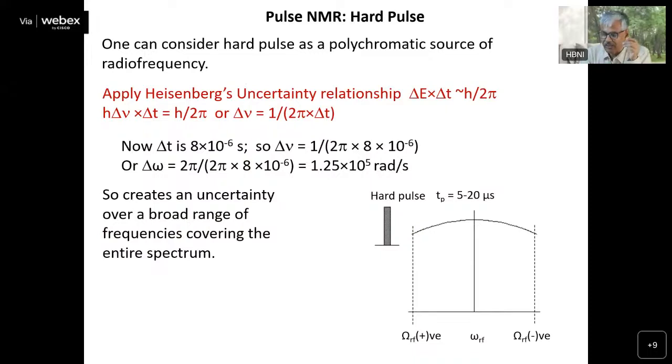And you can see, if you use a hard pulse, the excitation profile is almost very similar. You will get almost equal signal strength from all possible nuclei, although those are rotating with an offset frequency.